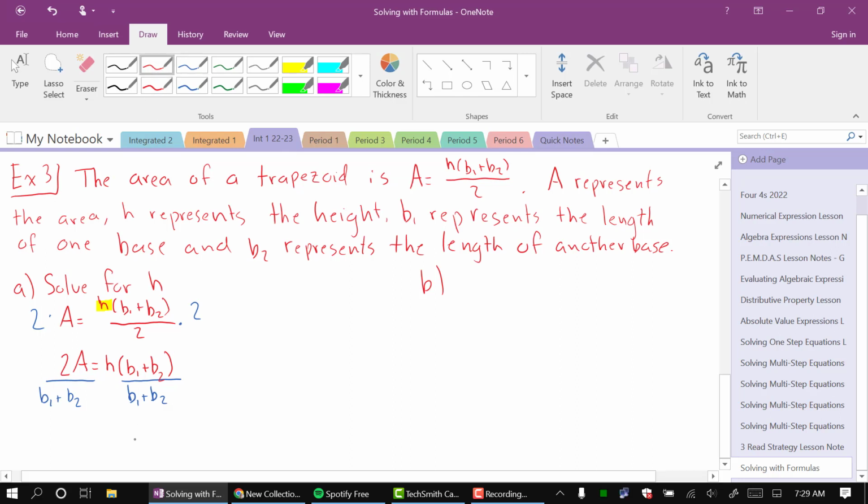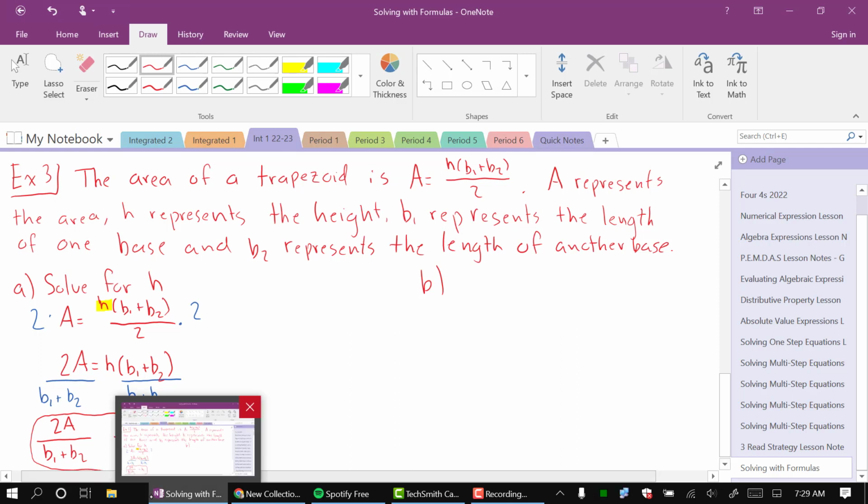Once I do that, on the right, I'm just going to be left with the H. And on the left, I'm going to have 2A divided by the sum of the bases. So I've solved it for H. Now let's take a look at what B wants us to do.